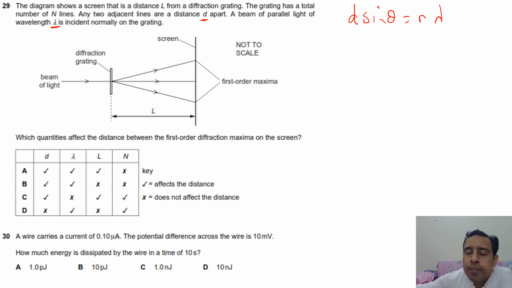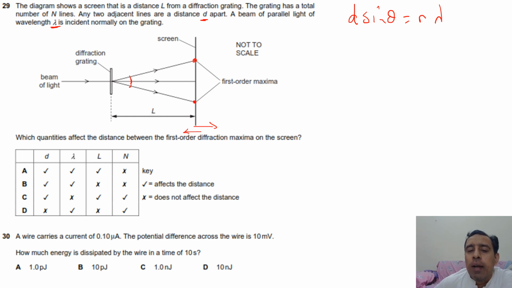First of all, you have to see these angles. If this angle is going to change, it means this first order and this first order are getting close to each other or moving away. So one thing is related to this angle, and the second thing is the most important. If we move the screen away or towards, which means we change this length, this angle will definitely change.